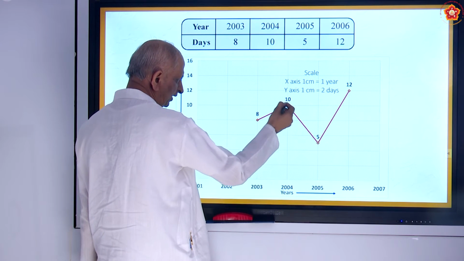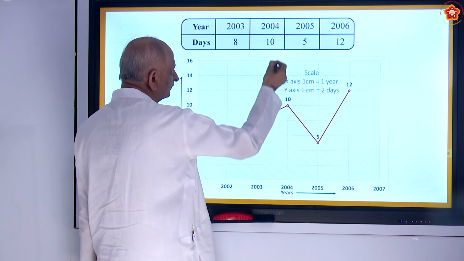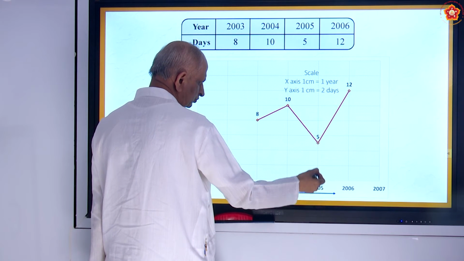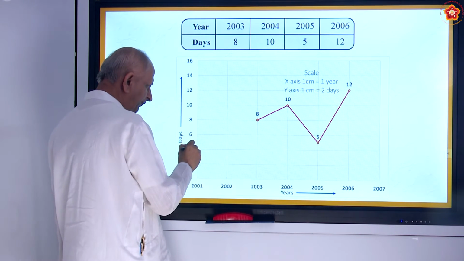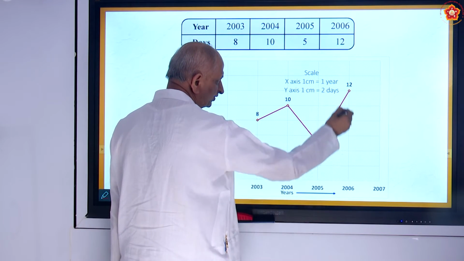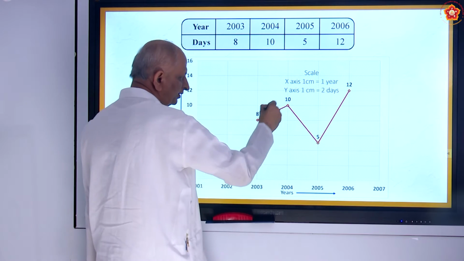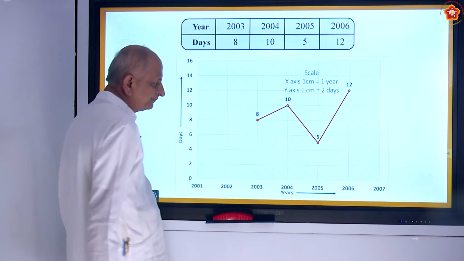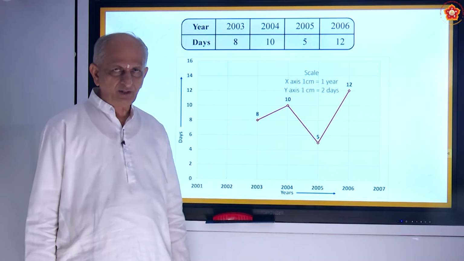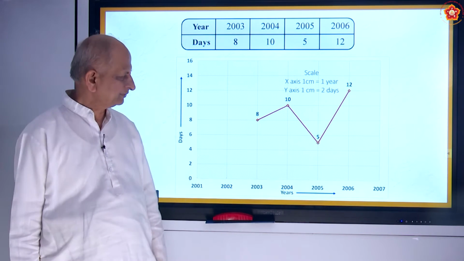So, 2004 line 10 you must mark. Then 2005, 5. Where does 5 come? Between 4 and 6, midpoint of that. 2006, 12. Then join all that in lines. This is called linear graph. Followed? Can you do it?